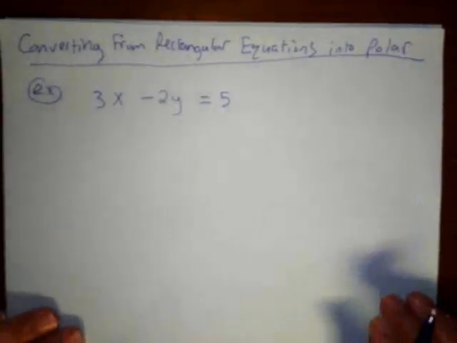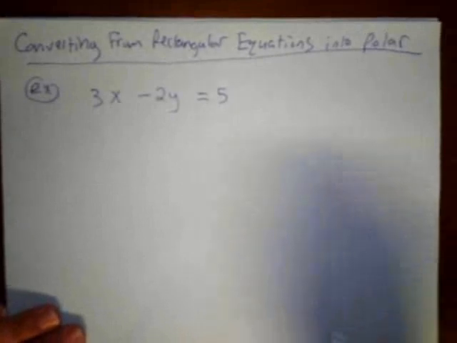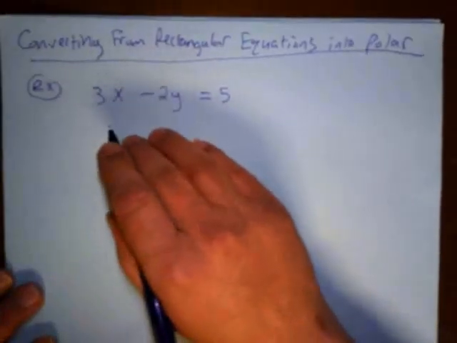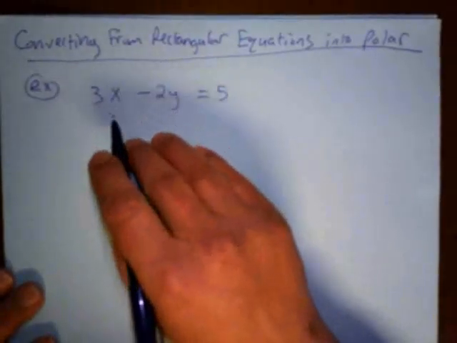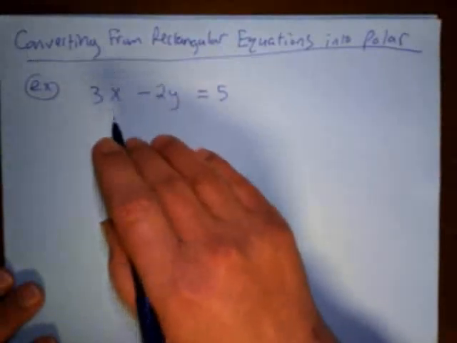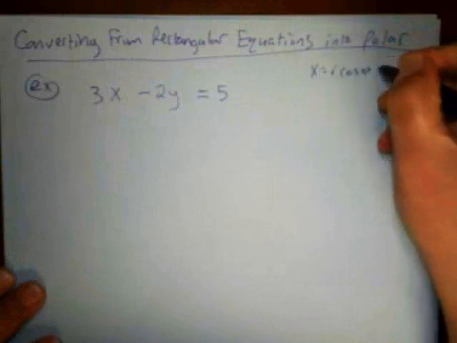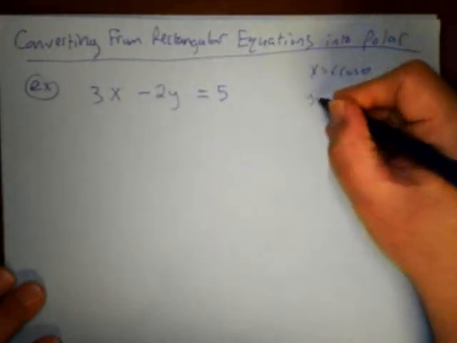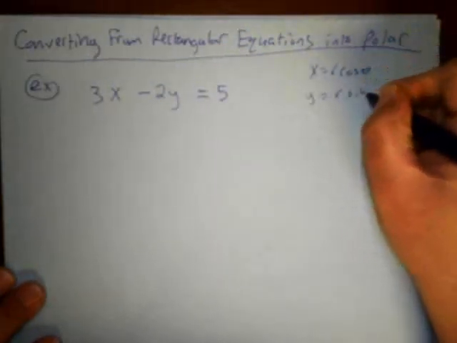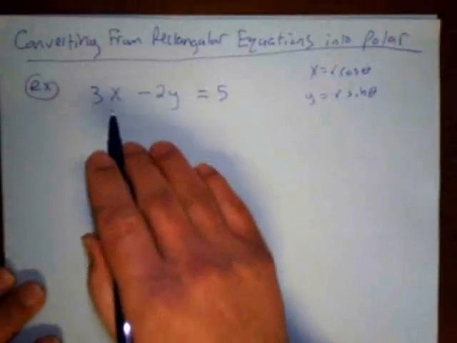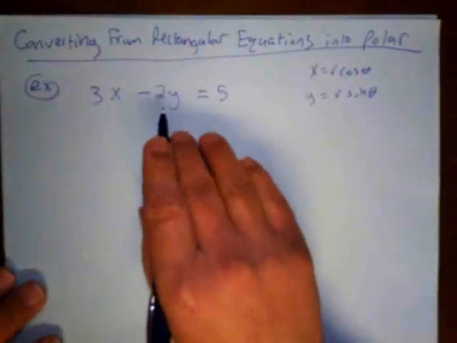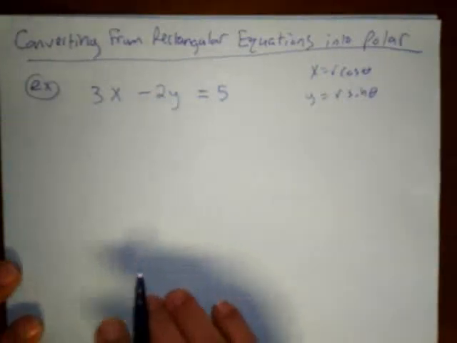Okay, so the idea here with converting these into polar equations is we are going to plug in every time there's an x. Remember, x is equal to r cosine theta, and y is equal to r sine theta. Okay, so we're going to be able to plug in for x r cosine theta, and for y r sine theta.